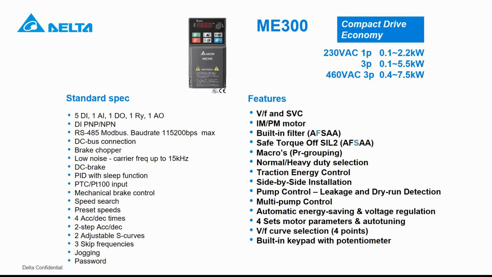Compared to the MS300, there are fewer inputs and outputs. There is no possibility to connect any field bus option. There's no built-in PLC, and it's up to 7.5 kilowatt or 17 amps.